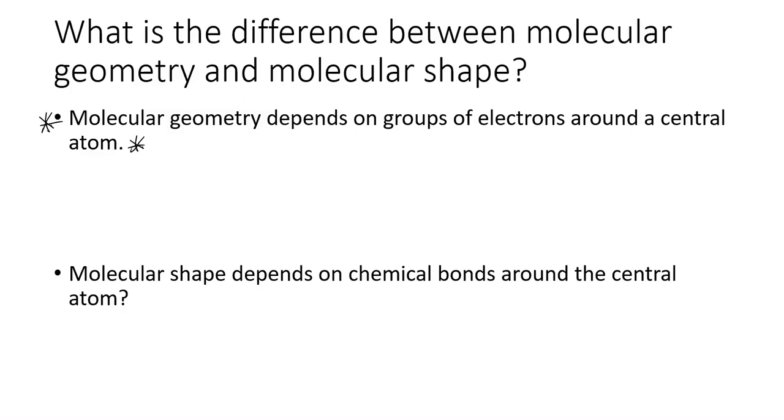So, for example, take ammonia. Ammonia is written with one group of electrons here, then these chemical bonds.